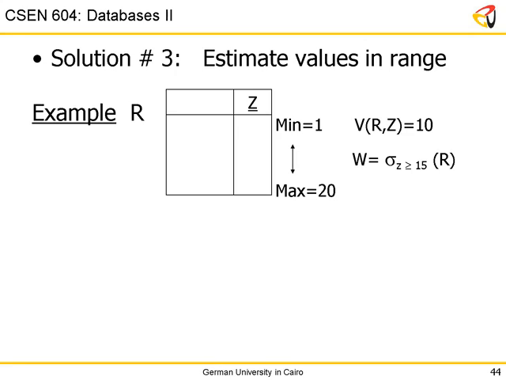Now, because we are saying greater than or equal to 15, everything in the last segment is in the result set. What we are interested in is to find out the proportion of this segment to the whole range.